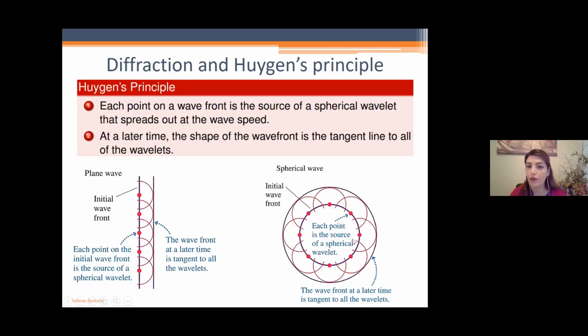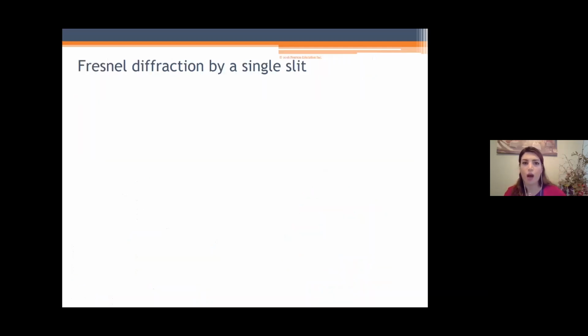Now in a spherical wave, again, you see that each point is the source of a spherical wavelet. And then at a later time, if I draw a tangent line to all the wavelets, then you get the later time wavefront. All right, now how is this related to diffraction?